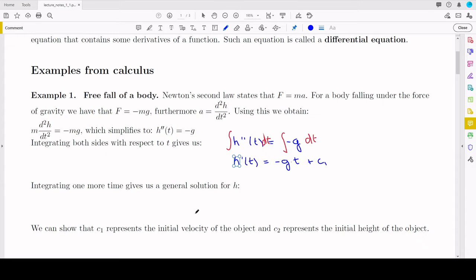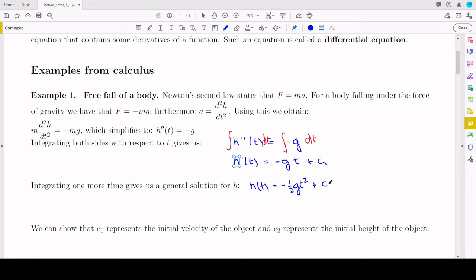What we can then do is integrate both sides one more time, and if we integrate h prime, we obtain h, and then integrating negative g times t, the t antiderivative is t squared over 2, so we get negative 1/2 g times t squared.